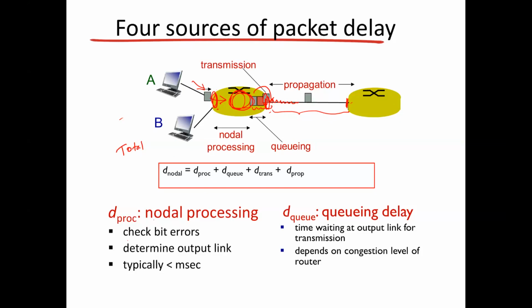So this is one of the parameters for measuring how the network is performing. If there is too much congestion in the medium, then queuing delay will increase. As the queuing delay increases, the end-to-end delay is also going to increase, and therefore that shows that the network performance is not good.